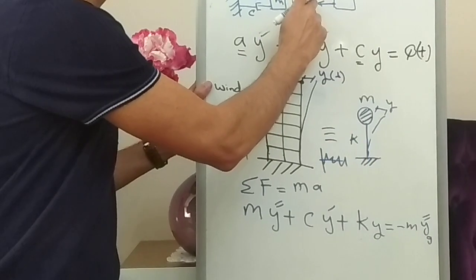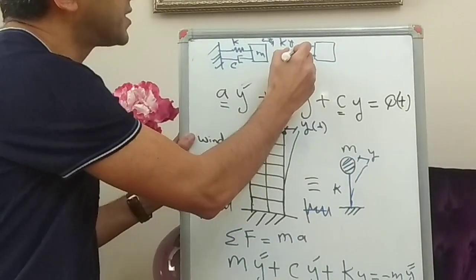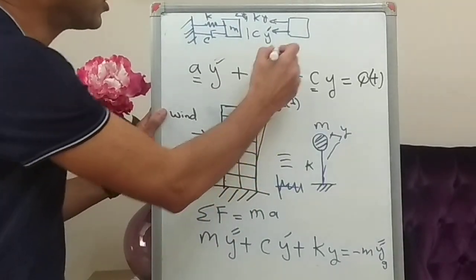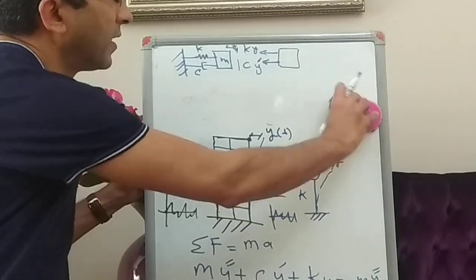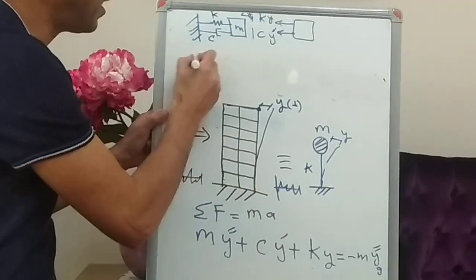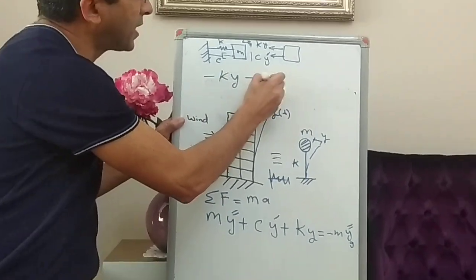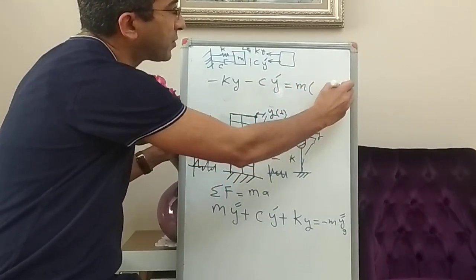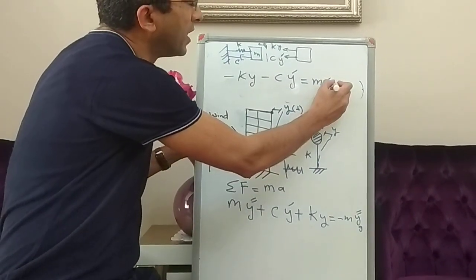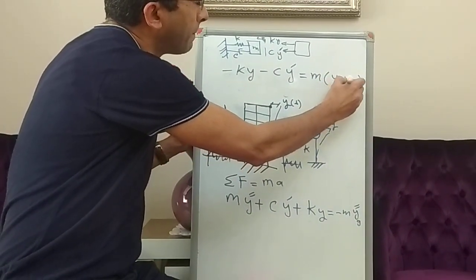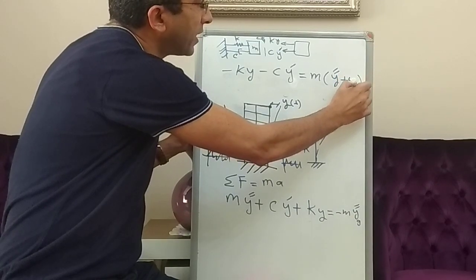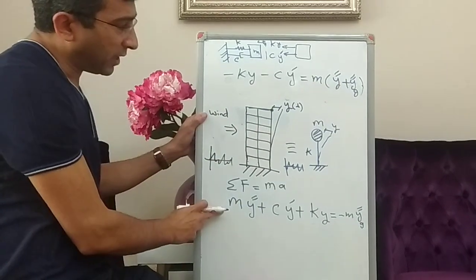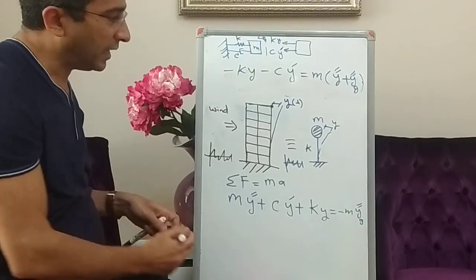This is the damping coefficient related to the velocity, the first derivative y prime. If you write this, you will find that minus k y minus c y prime is equal to the mass times the absolute acceleration, which is the relative acceleration y double prime plus the ground acceleration y double prime g. If you arrange this, you will obtain the equation that I wrote here.